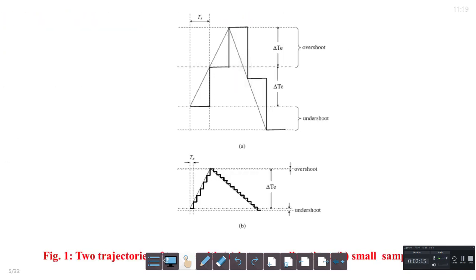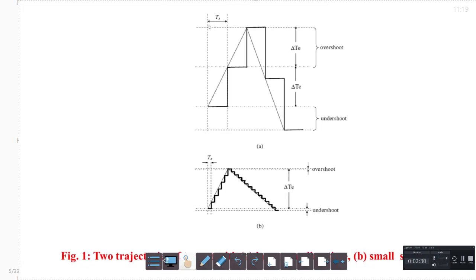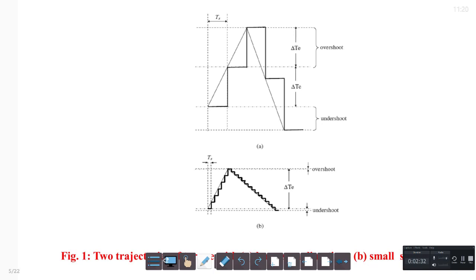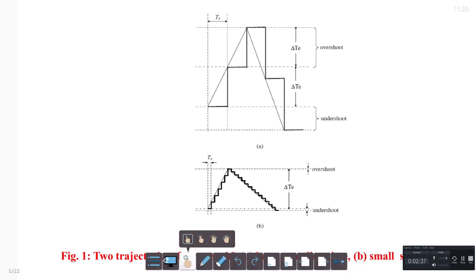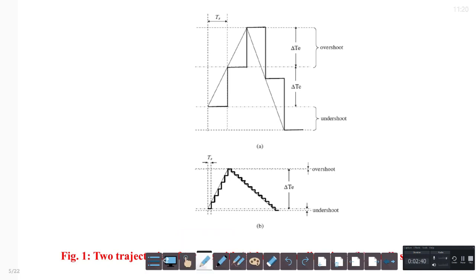So, this is one figure showing the effect of reducing the sampling time, that means increasing the sampling frequency. You see in figure A, the sampling period Ts is large, whereas in figure B, the sampling period Ts is very small.